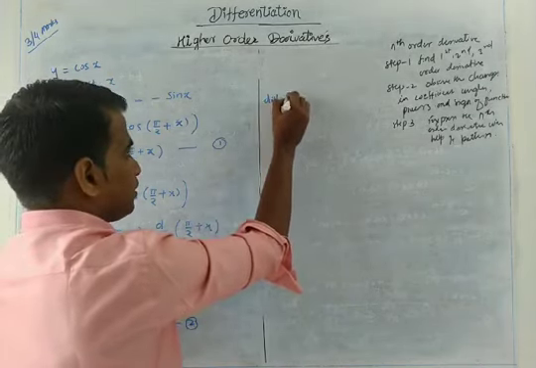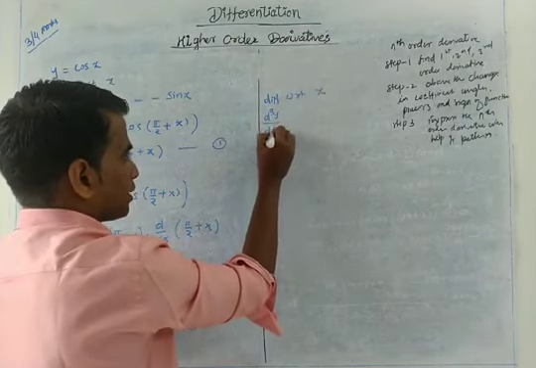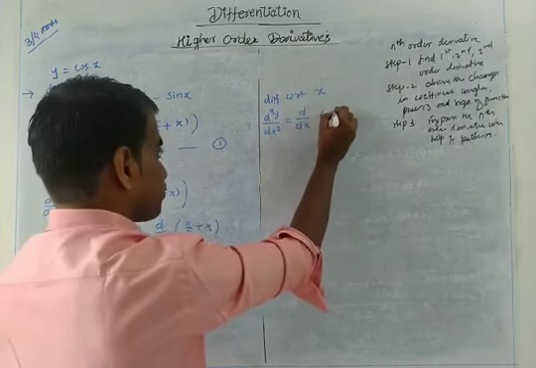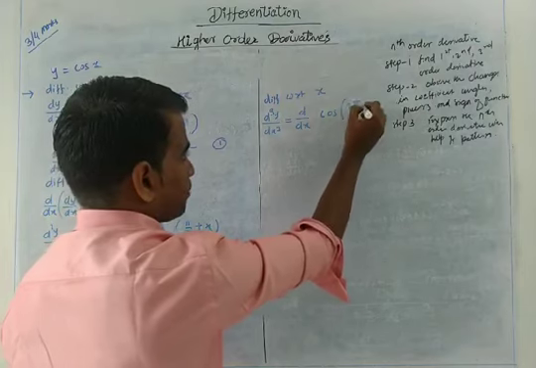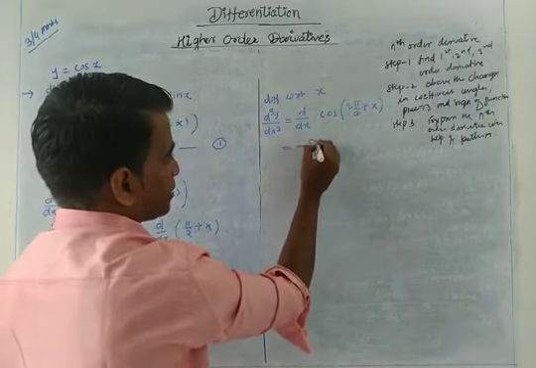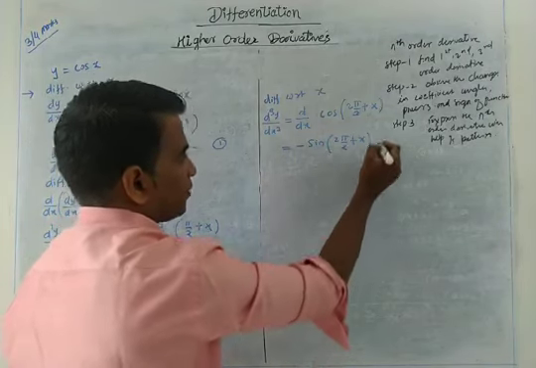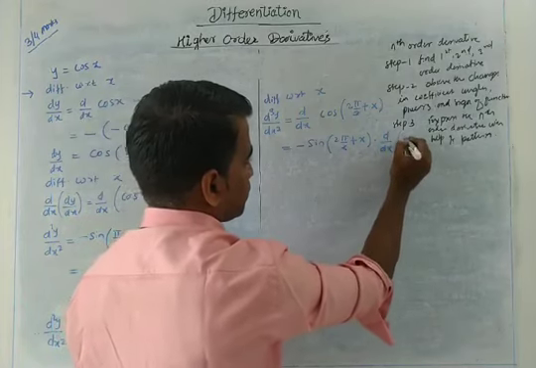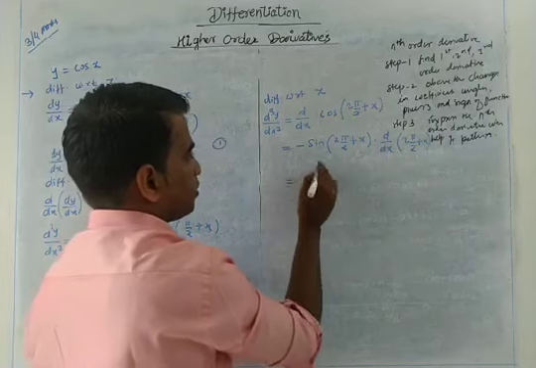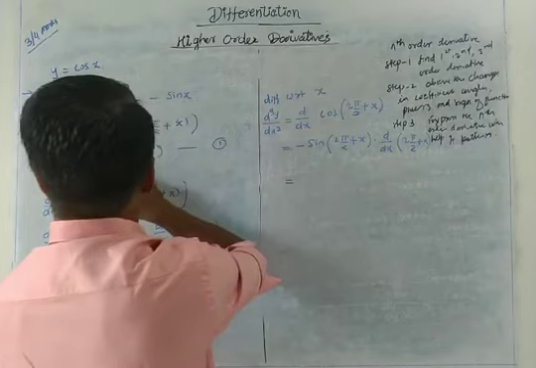So differentiate with respect to x, we will get d cube y upon dx cube is equal to d/dx of cos of 2 pi by 2 plus x. Now the derivative of cos is minus sin of 2 pi by 2 plus x into the derivative of 2 pi by 2 plus x. Now again this sine can be converted into cos by using sin x is cos of pi by 2 plus x.